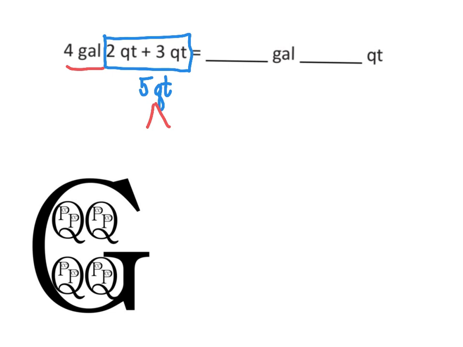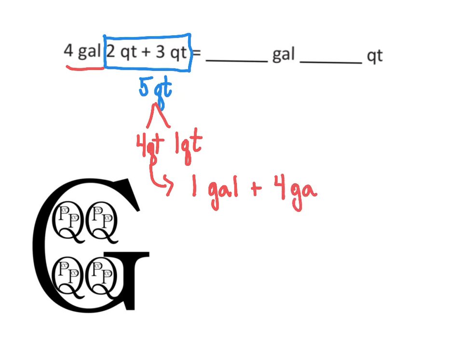Well, there's 4 quarts in a gallon. And we're left over with 1 quart. So now we have 4 quarts, which is equal to a gallon, plus our original 4 gallons. So 1 plus 4 is 5 gallons, and we're left over with 1 quart. So 5 gallons and 1 quart.